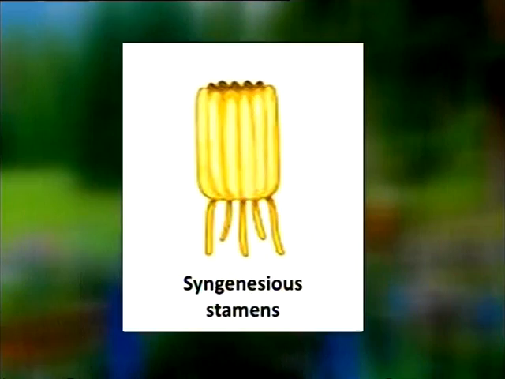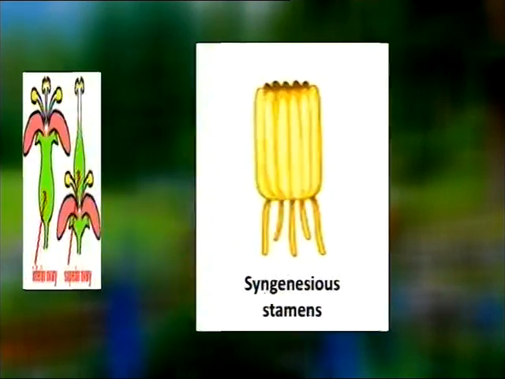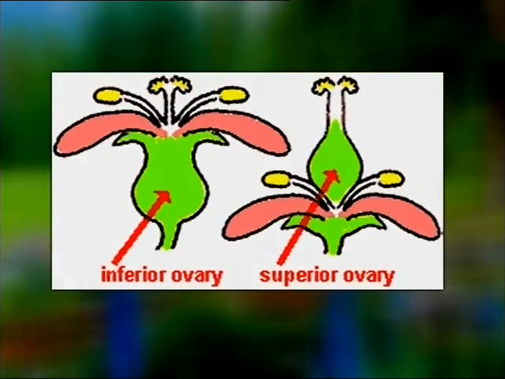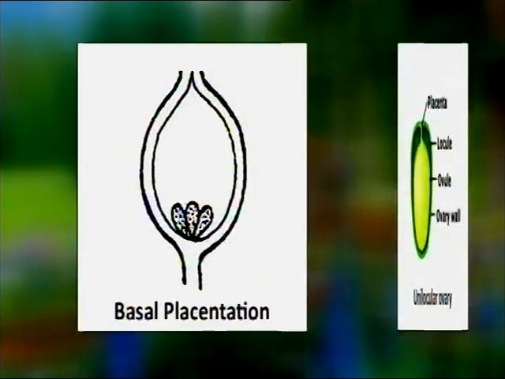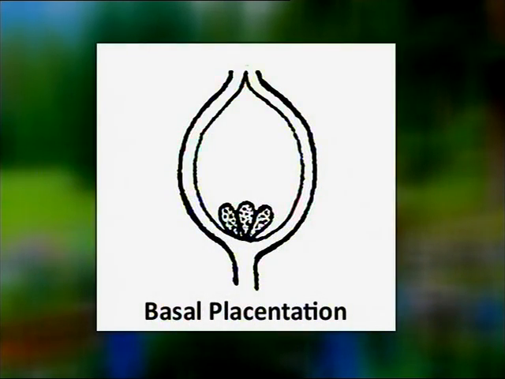The system of classification by Bentham and Hooker is based on groups of plant characters which are correlated with each other. For example, if a specimen consistently shows syngenesious stamens, inferior bicarpellary unilocular ovary with basal placentation, then it can confidently be assigned to the family Compositae.